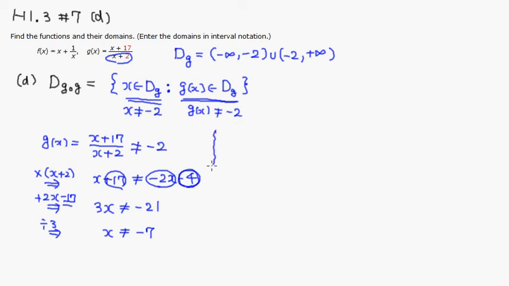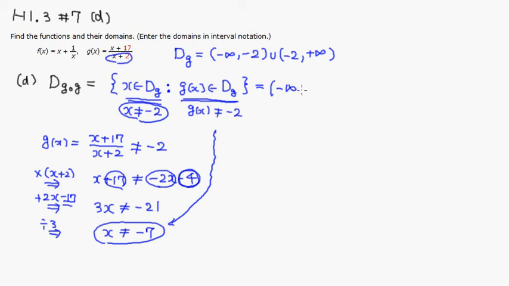So you can see that g of x cannot be equal to -2, and it boiled down to x cannot be equal to -7. So by combining the conditions here, you have x cannot be -2, and at the same time, x cannot be -7, which means that the domain of the function g of g would be all real numbers except for -7 and -2.